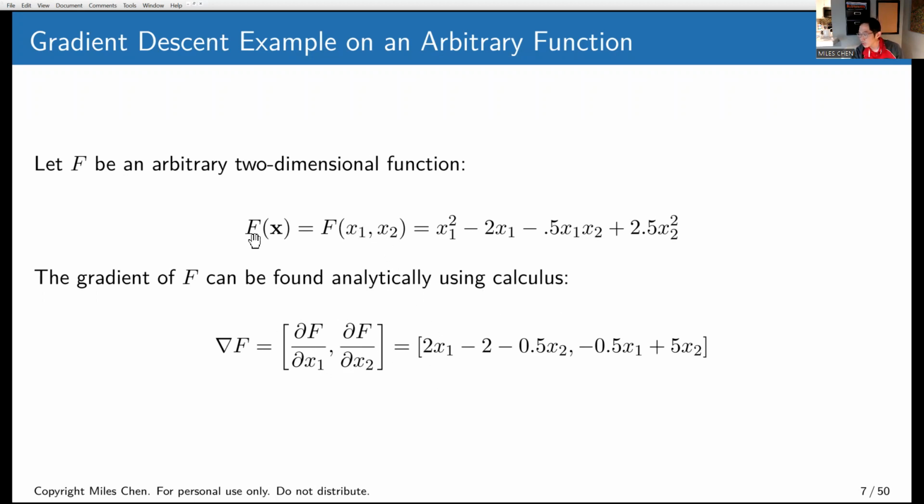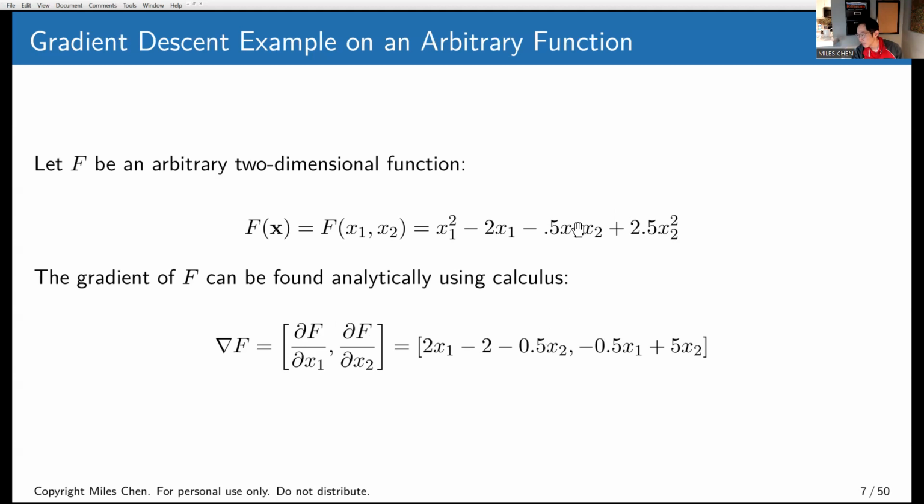If my input is this vector x, which consists of values x1 and x2, my gradient is going to be a vector of length 2, consisting of the partial derivative with respect to x1 and the partial derivative with respect to x2. The partial derivative with respect to x1 gives 2x1 minus 2 minus 0.5 x2.